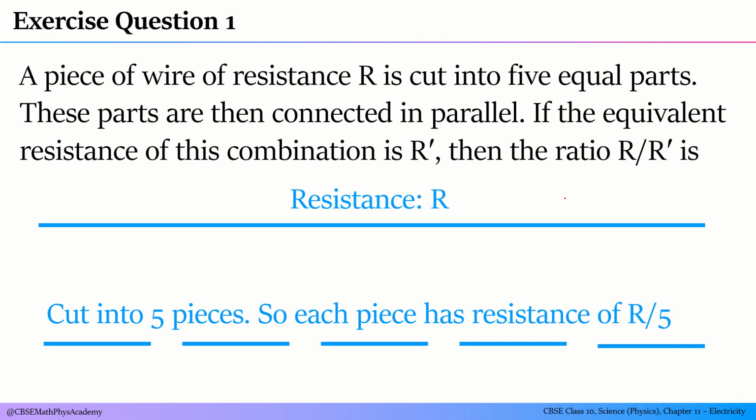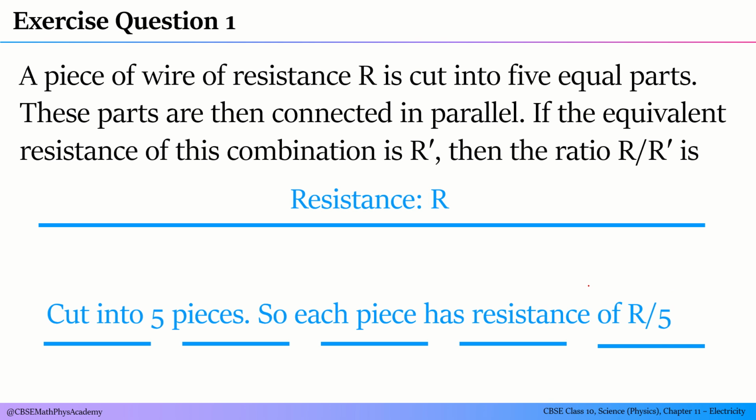To visualize the scenario, it looks something like this. It's a long wire with a resistance R. After cutting into 5 pieces, each piece has a resistance of R by 5. How does this become R by 5? Recall our formula for resistance: resistance is equal to rho L by A. The L initially was 1 meter.